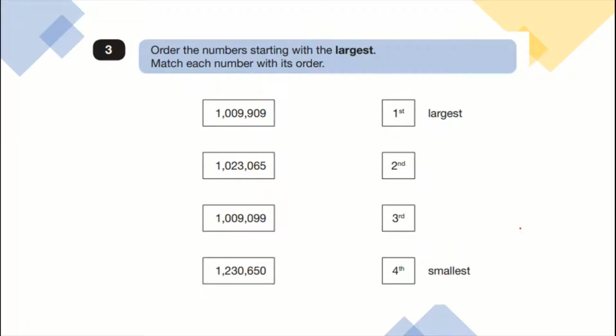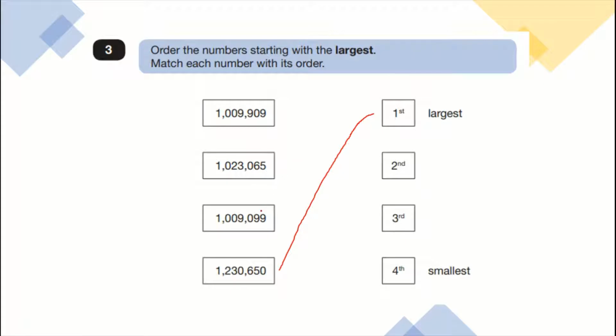Question 3. Order the numbers starting with the largest. Match each number with its order. Our biggest number is this one, as none of these have a number in the 100,000 column, but this one does. So this will be our first largest.